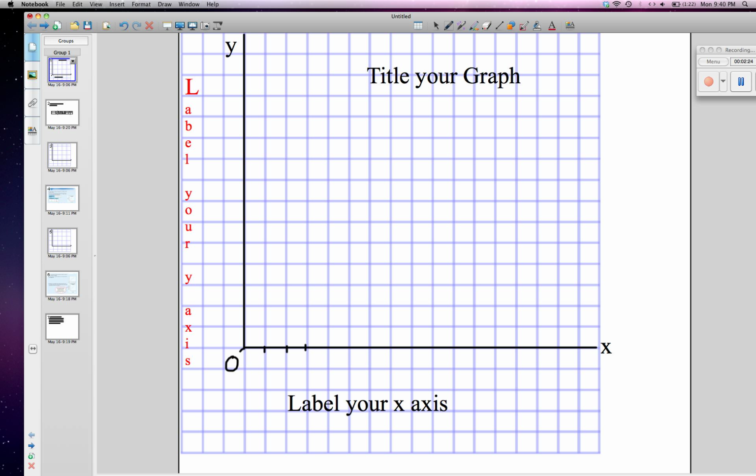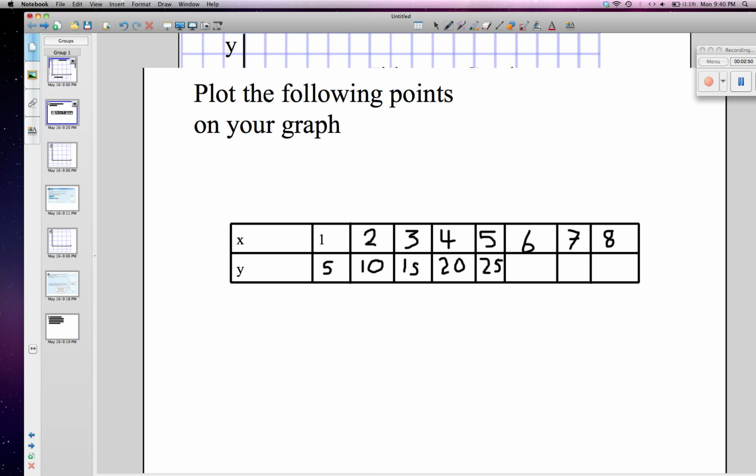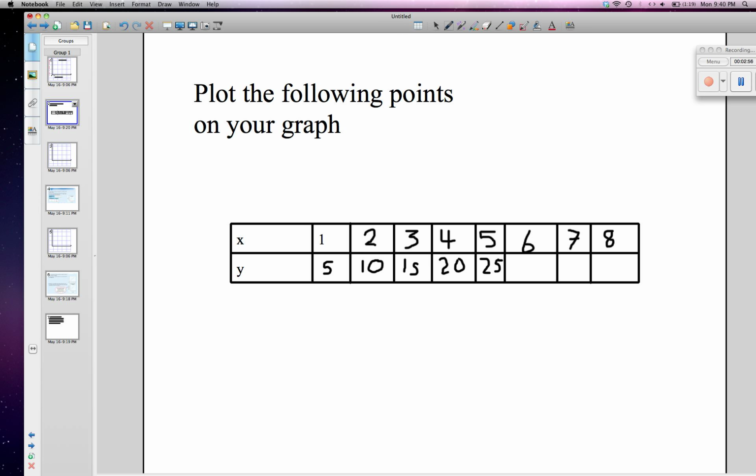This is your 0, and here could be your first value, second value, third value, fourth value on the x-axis, and here are your values going up on the y-axis. You will put your numbers on the line. If this was a 1, it would go there, the 2 would go here, and so on. Very important stuff to know.